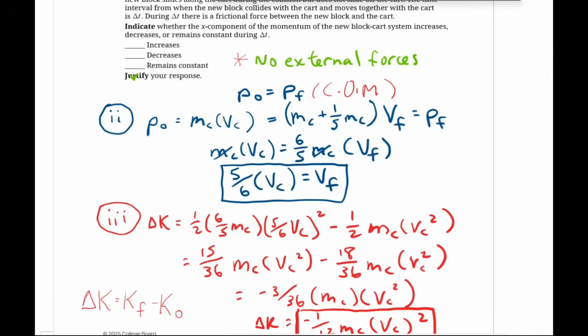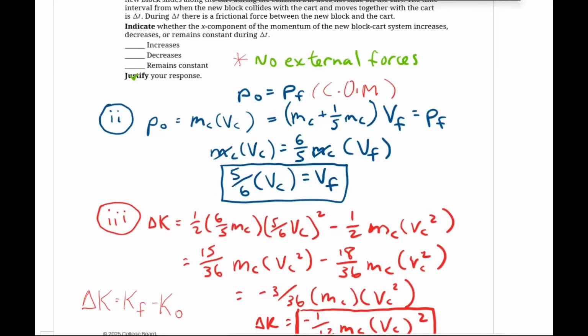Our final momentum is MC, mass of the cart, plus the 1/5 MC from the block dropped on it, and then times Vf for our final velocity. When you set those two equal to each other, the MCs drop out, and then once you scoot the 6/5 over to the other side, the fraction flips to 5/6 VC, and that equals our Vf.